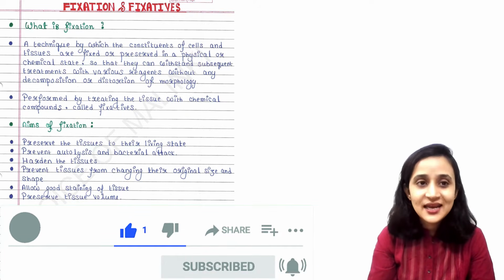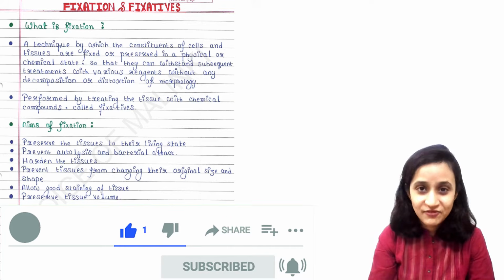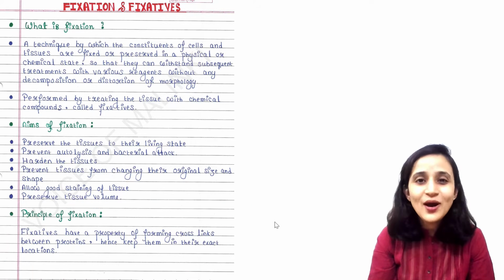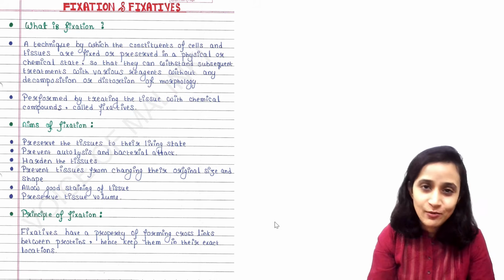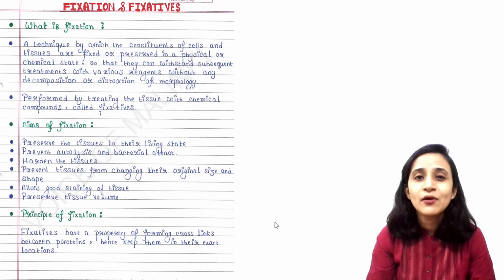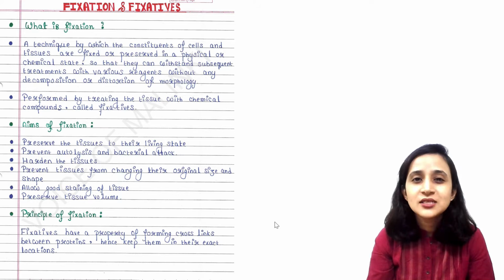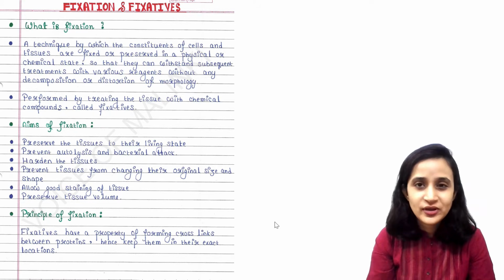So before understanding fixation and fixatives, we need to understand why we require the fixation technique or why we require fixatives. Suppose you are working in a pathology laboratory or a DNA fingerprinting laboratory.